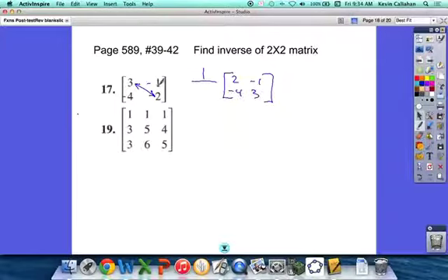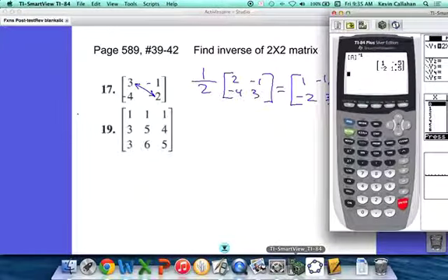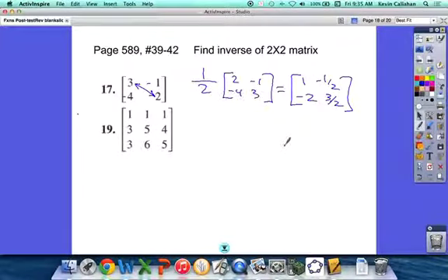So that would be 6 minus 4, 2. Which is 1, -1/2, -2, 3/2. Which is that.